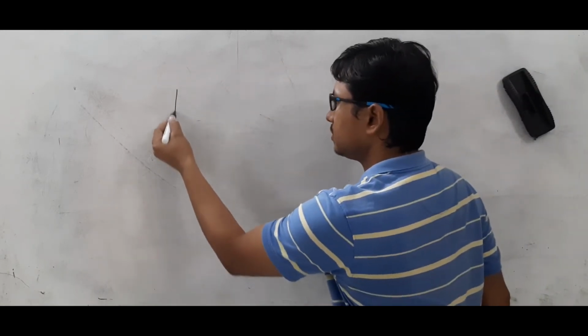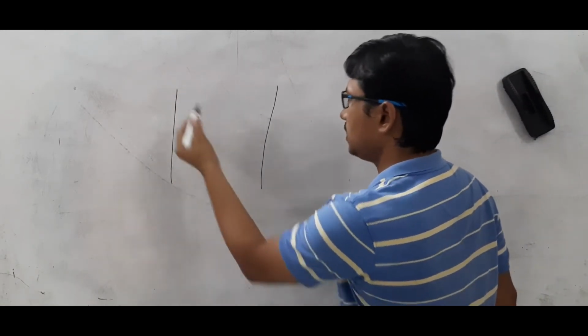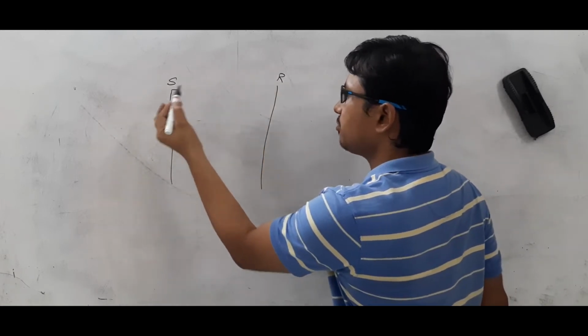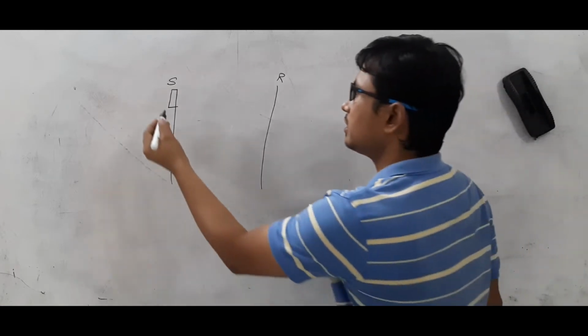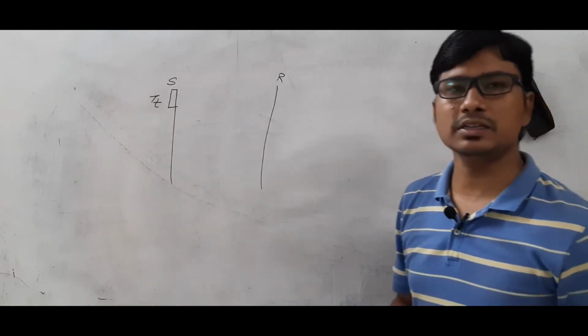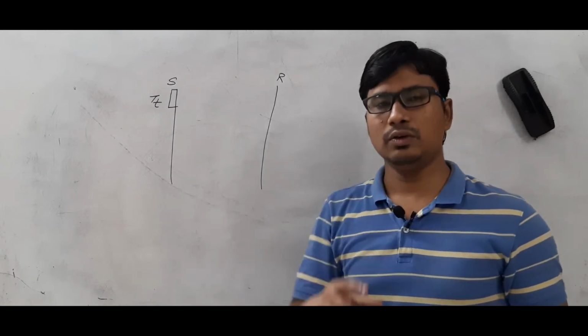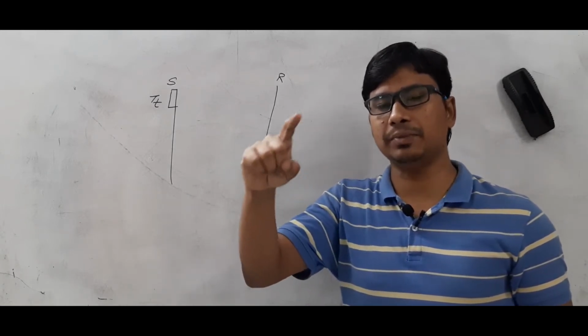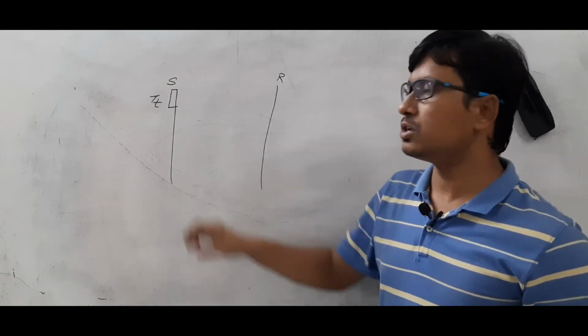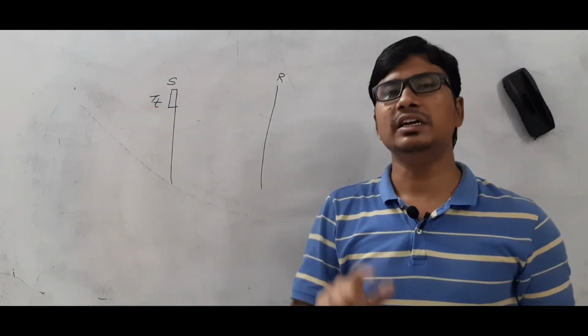Now the sender has started sending the frame. The frame will take some transmission delay, because the sender first has to keep the packet on the transmission link. That delay we call the transmission delay.